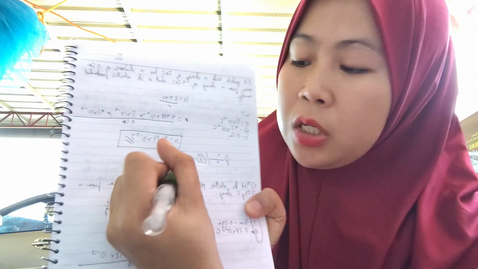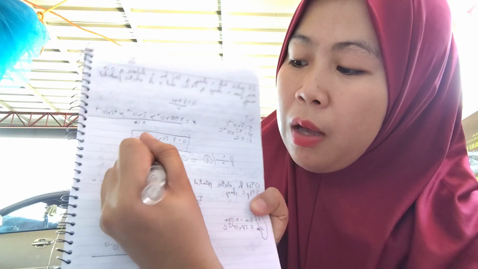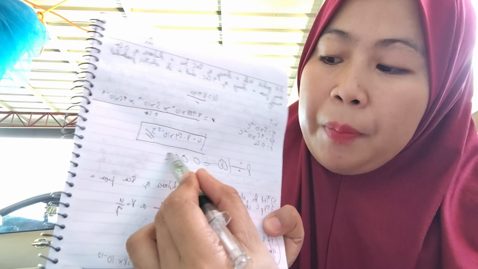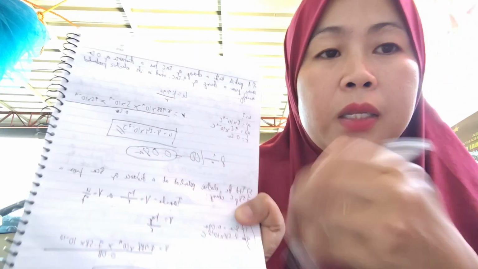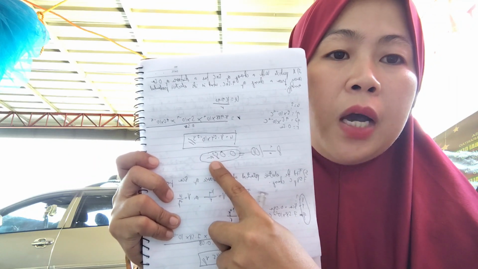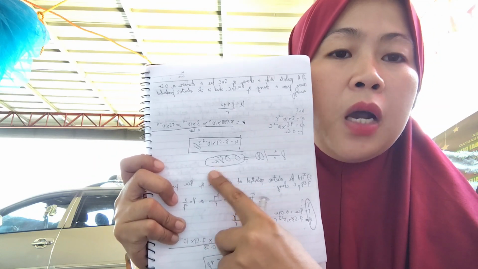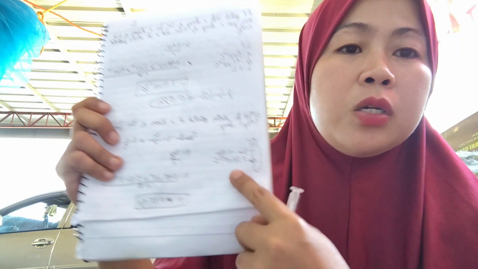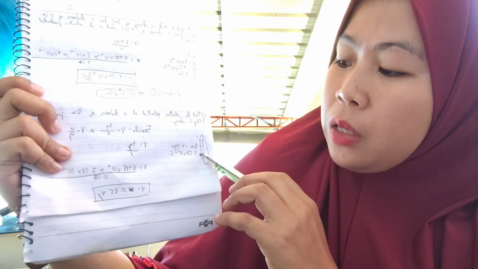So, ang labas nito is magiging 0.08 meters. Kapag nag-convert tayo, i-divide lang natin siya sa 100 para makuha natin yung meter natin. From centimeter, naging meter na siya, 0.08 meters. So, nilagay ko sa ating R is 0.08 meters.